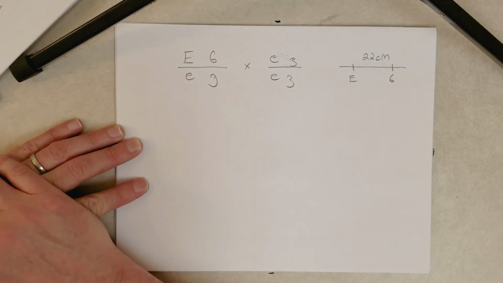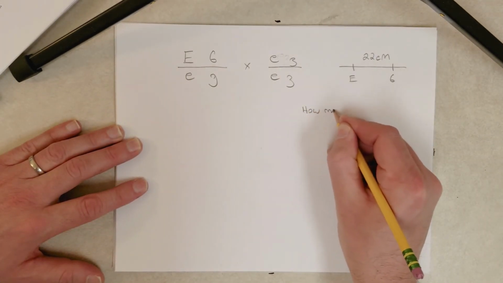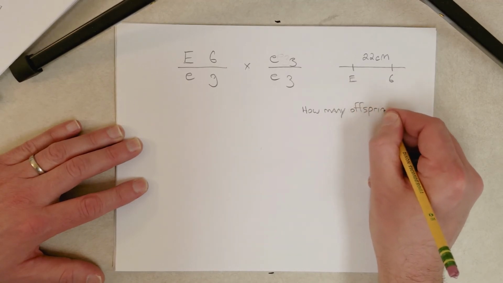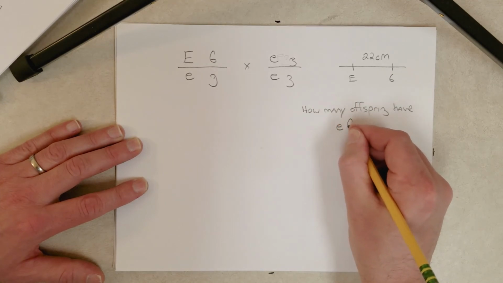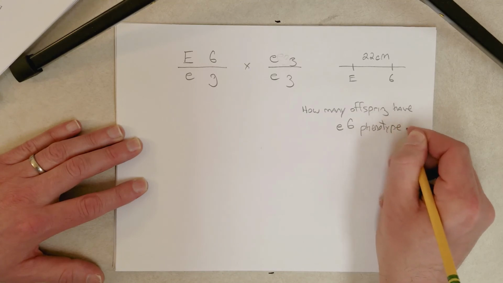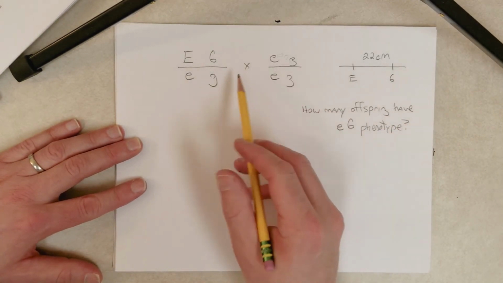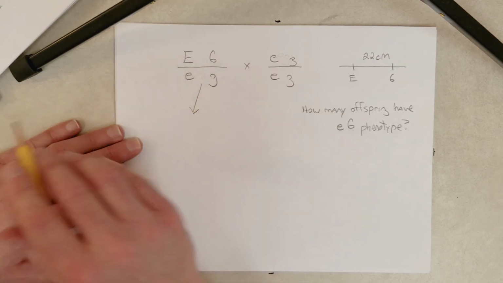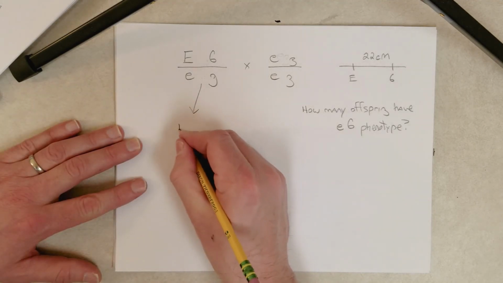And so the question I'm going to ask in this case is, how many offspring have small e, big G phenotype? Okay, so the easiest way to do this is to determine which gametes are made by this individual here, determine the gamete genotypes and the percentages of each.